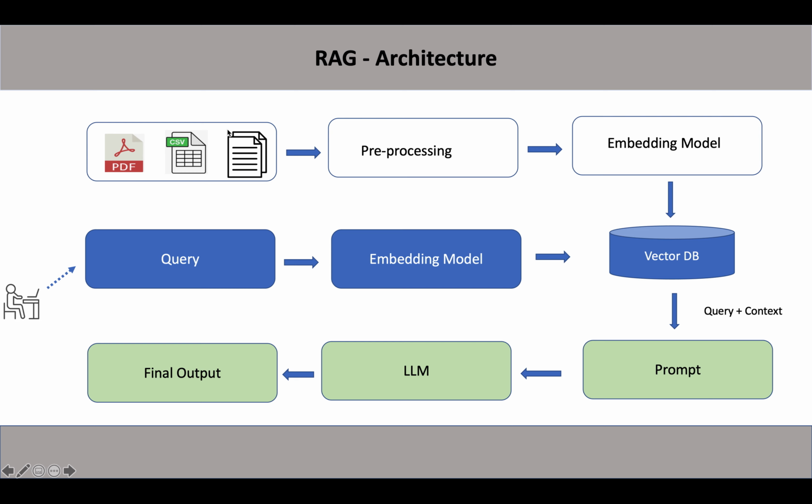This final output will be more relevant to my query. We may not expect fake or irrelevant output. It provides access to external or the latest data and prevents hallucination of the data.